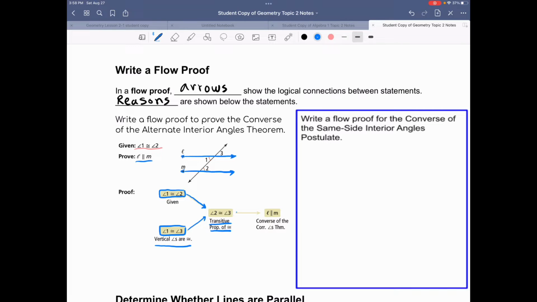And then that brings us to our conclusion that lines L and M are parallel. That's what these two lines mean. So I'm just going to add that. This symbol means parallel. And you should already know this because I've been saying it multiple times, but that symbol means congruent.